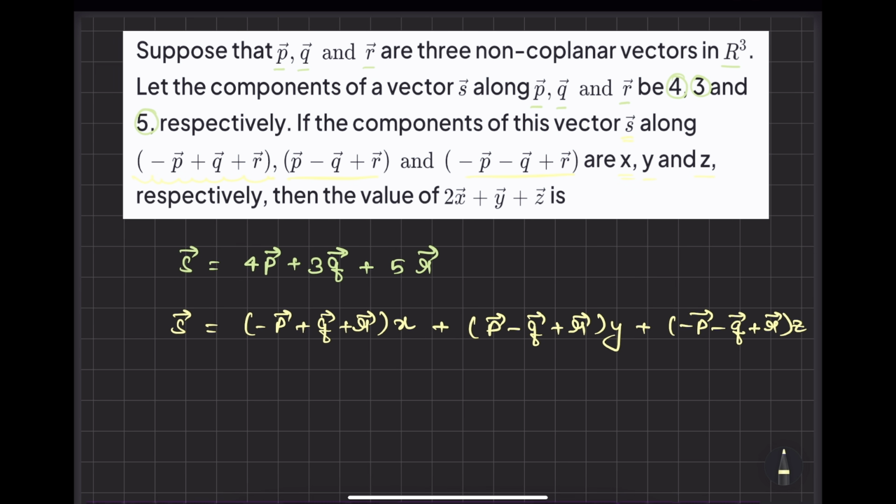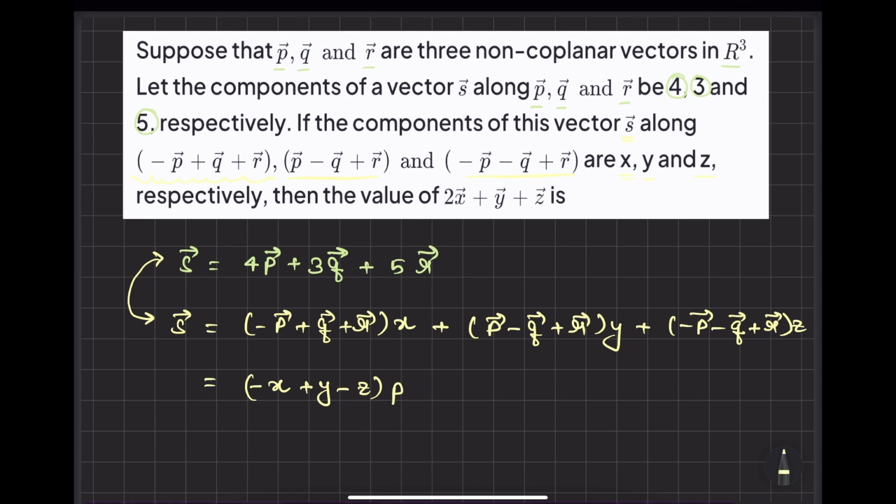Okay, now let's write down this thing in proper form. Earlier the previous vector was also s and this vector is also s, and the previous vector was in terms of p, q, r, so we will write down this vector also in the form of p, q, r. So we will write all the components of p: minus x plus y minus z.